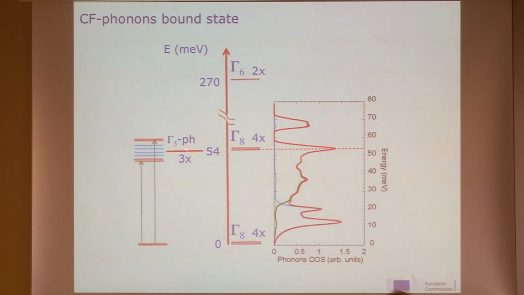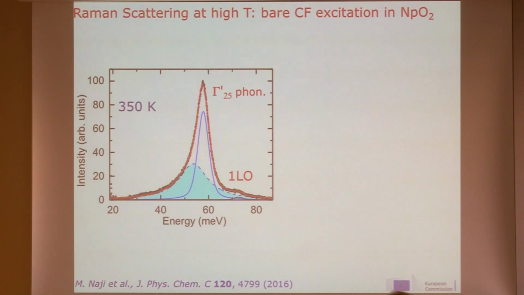The states are split, but if you calculate the matrix elements in the dipole approximation for neutrons, you will see that only transition from the ground state to the band edge of this object have intensity different from 0. Then what you expect in an experiment is to observe transition from here to here and from here to here. And this is what we observe.